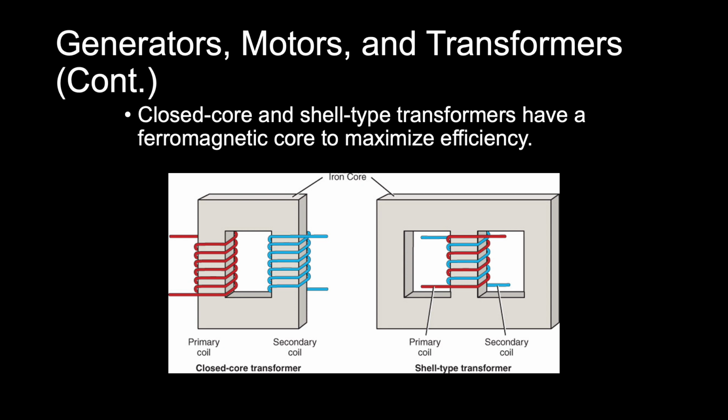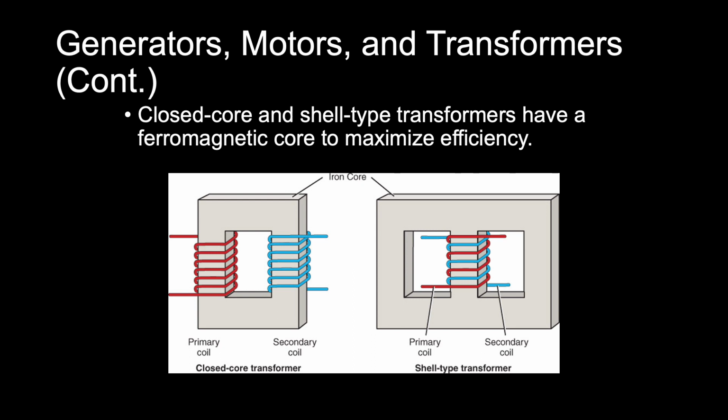You can see to the left, it's the closed core transformer, an iron core with a primary coil and a secondary coil, but it just has one opening. And then the shell type transformer will have 2 openings, the iron core with the primary coil and the secondary coil, and that is the shell type transformer.